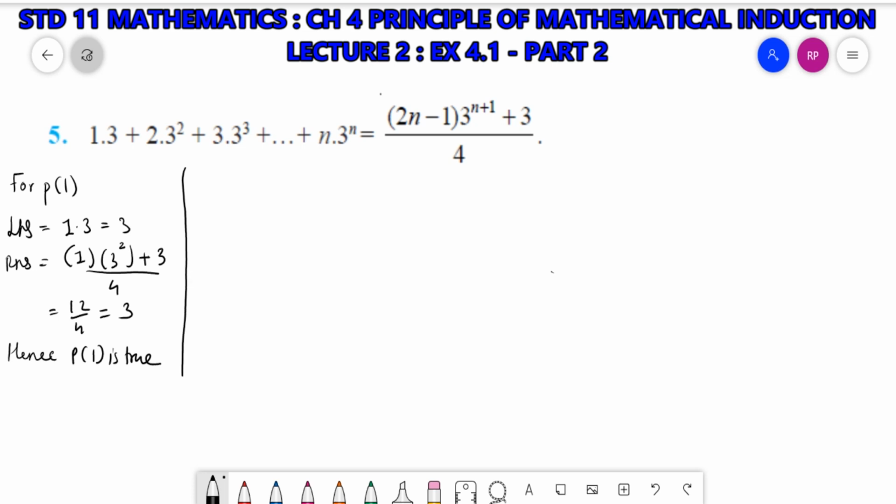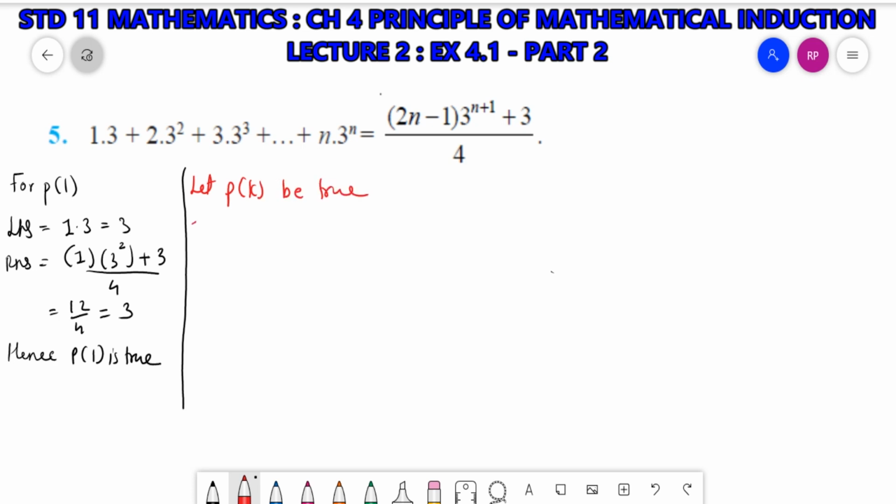Okay, now for P of K, we have to assume that P of K is true. Let P of K be true.